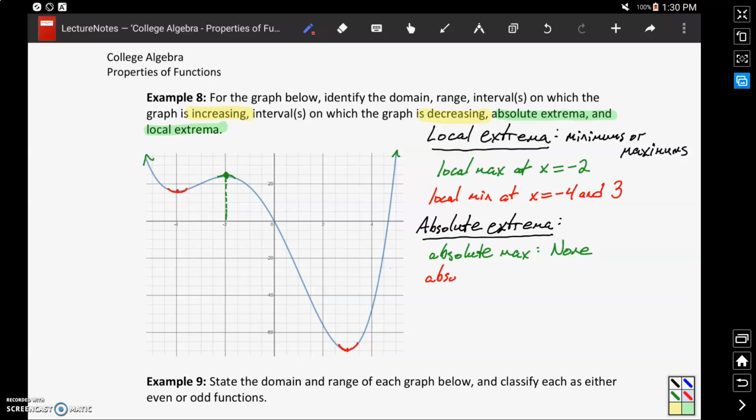But our function will take on an absolute minimum, which in this case is going to be at a point we've already identified. At x equals 3, our function is taking on its lowest possible function value. Our function never dips below this result, meaning we have an absolute minimum at x equals +3.